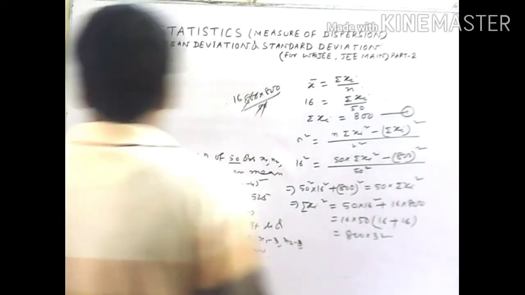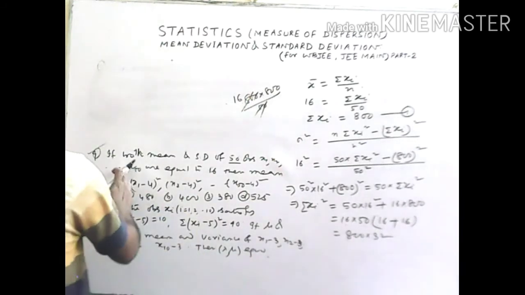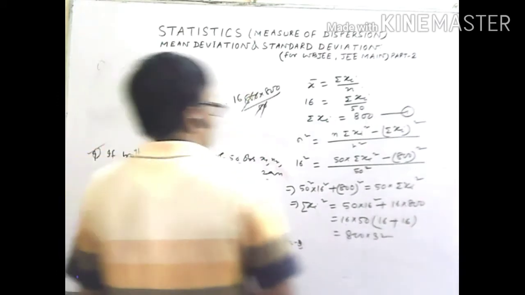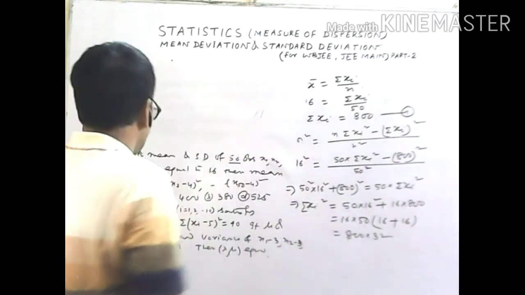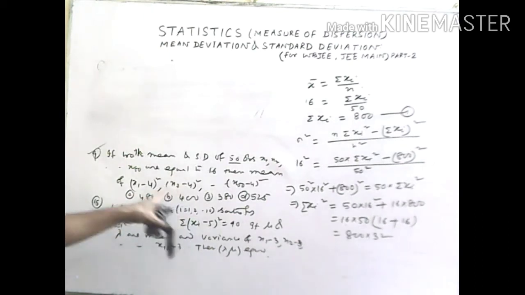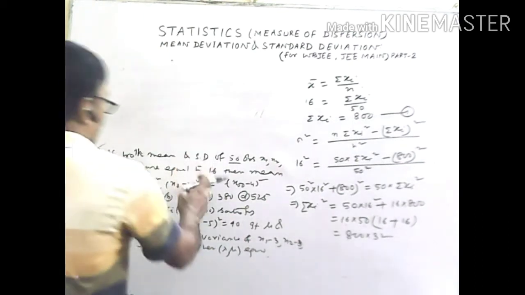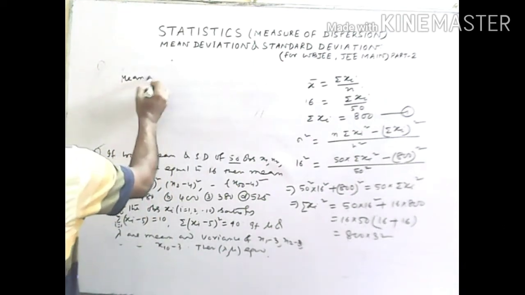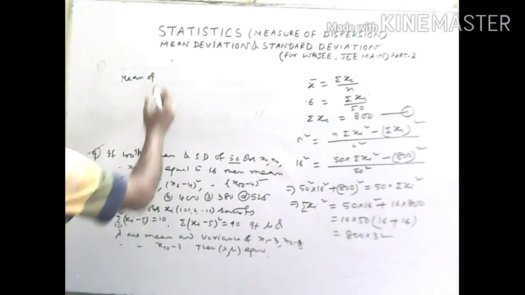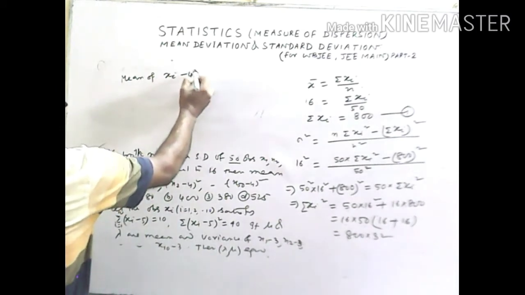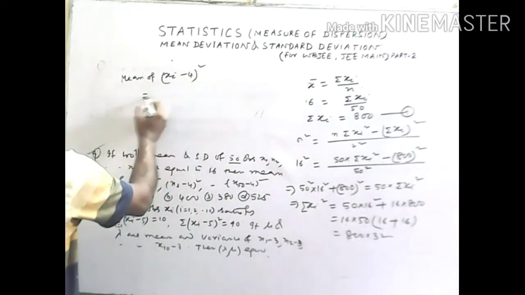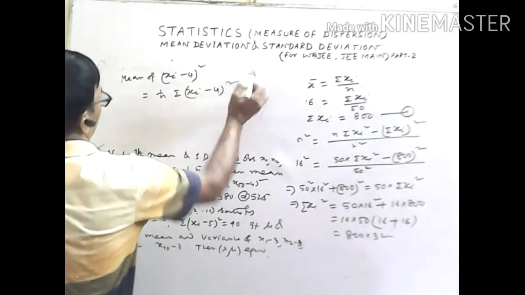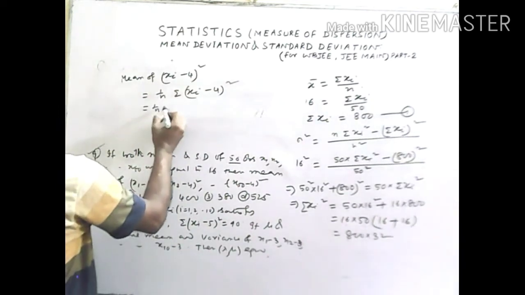Now look, then the mean of this we have to calculate. Mean means sum of observations by number of observations. So the mean of the variable (xi square minus 8xi plus 15) equals 1 by n summation of (xi square minus 8xi plus 15).